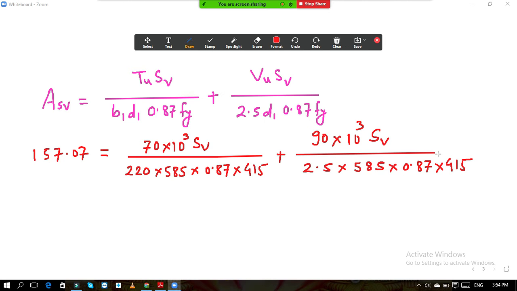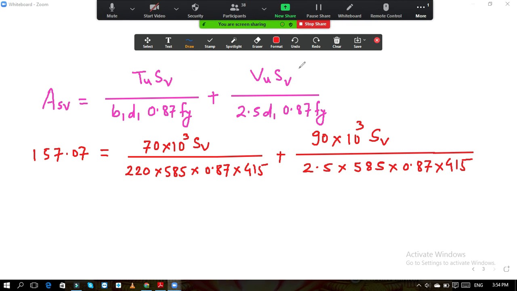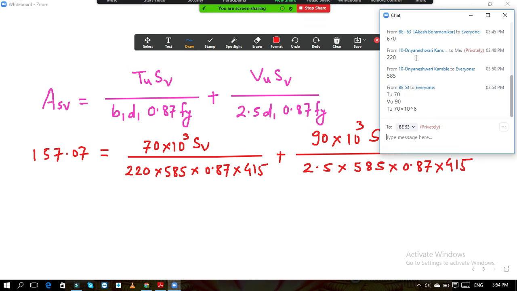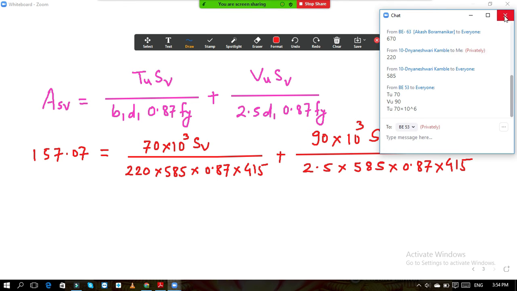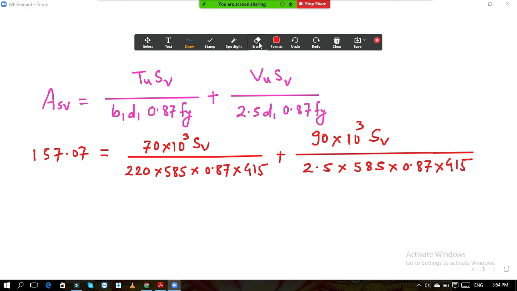So if we solve this, we will get the answer. 10 raised to 6. Okay, correct.